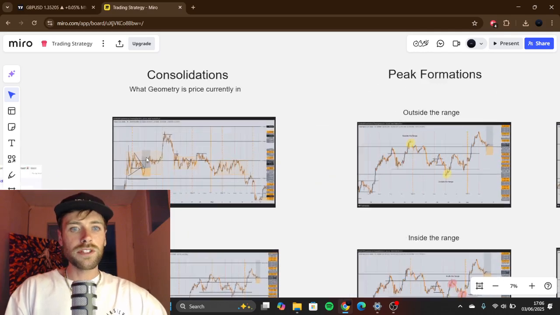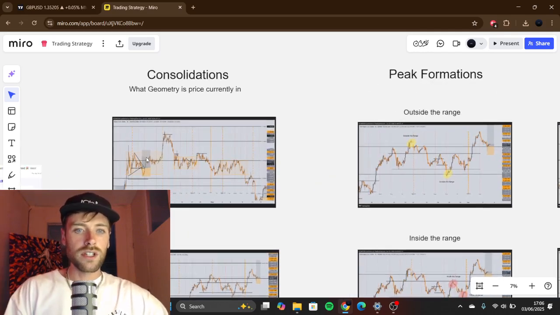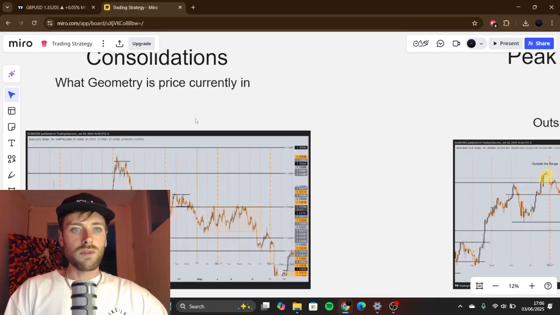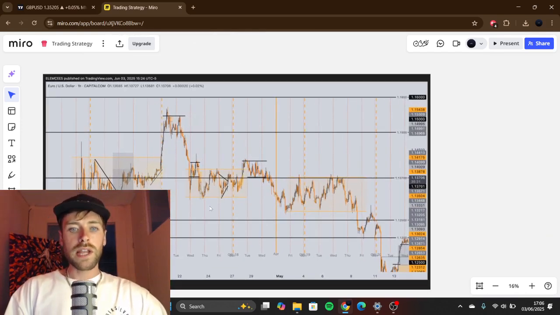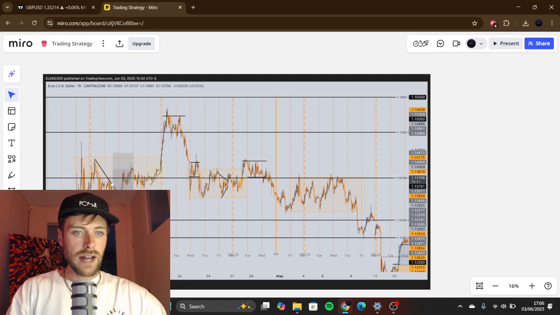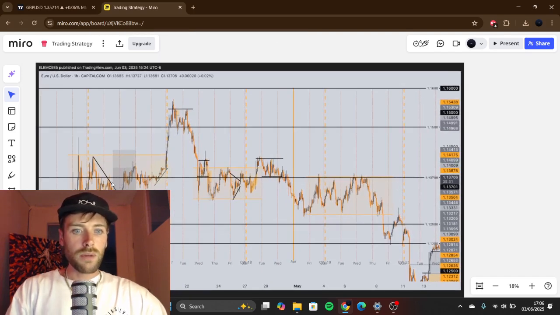So the first principle is consolidations, and we can replace the word consolidation with geometry. Basically, which high and low is price within. This can be horizontal geometry, like a box, or it can be triangular geometry, like flags, etc. Personally, I find the horizontal ones much easier and simpler to view.